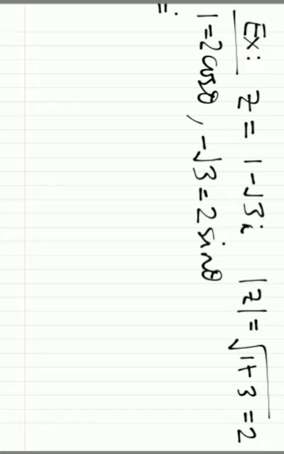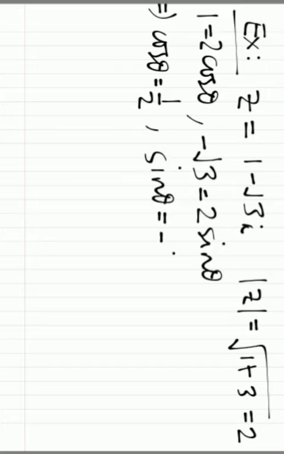So now see, cos theta can be found to be half and sine theta is minus root 3 by 2. So first of all these values appear for the value of theta as pi by 3, and here cos theta is positive and sine theta is negative, so we can assume that it is in the fourth quadrant.